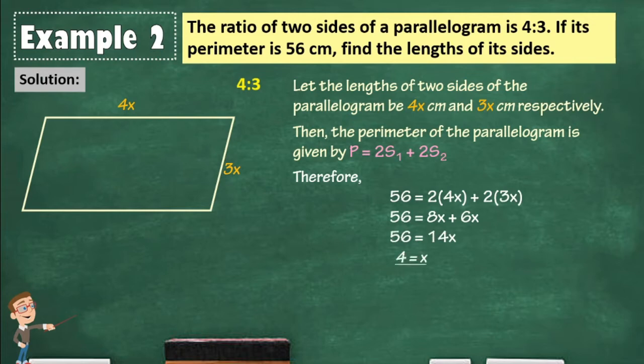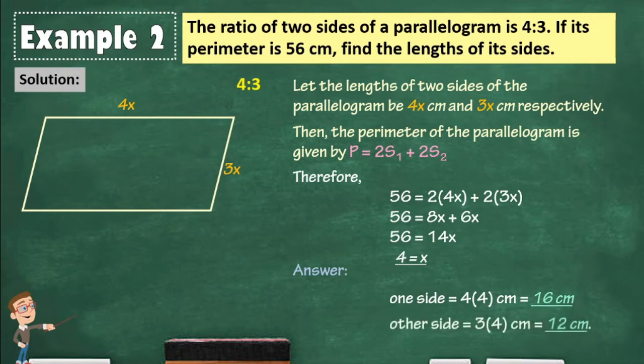We will end up having x is equal to 4. The answer will be one side is represented by 4x, so therefore 4 times 4 will give us 16 centimeters. What about the other side? That is 3x. So therefore 3 times 4 is 12 centimeters. So our final answers will be 16 centimeters and 12 centimeters.